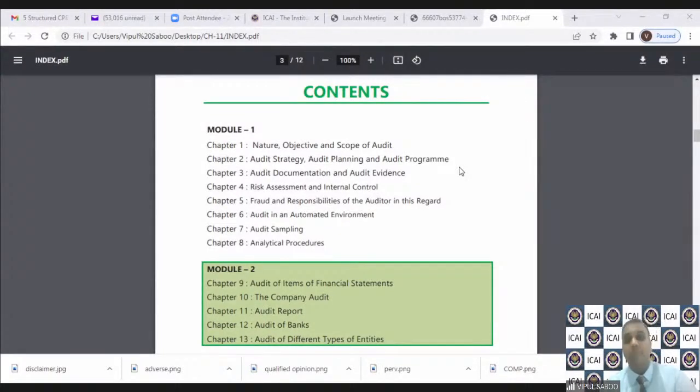So what you people have done till now is this from your module 1 and module 2. So chapter 1 was nature, objective, and scope of audit. So we did everything, the ABC of audit, right? Or the AUD of audit. So what is audit? What are the objects of audit?